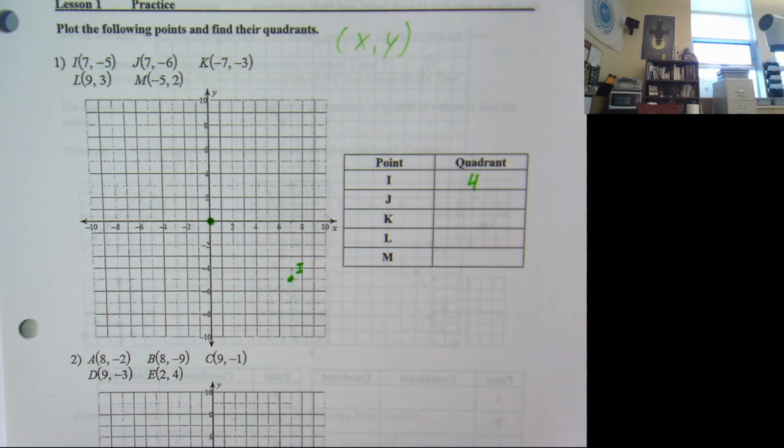Grid. 7, negative 5. So if I want 7, negative 6, we're going to go over to 7 and down to negative 6. Here.